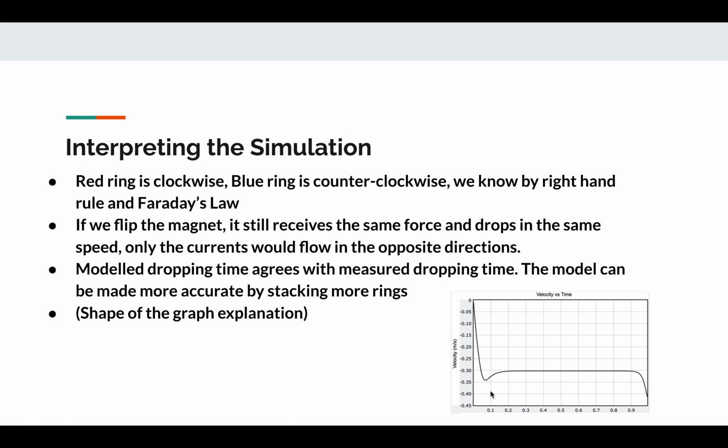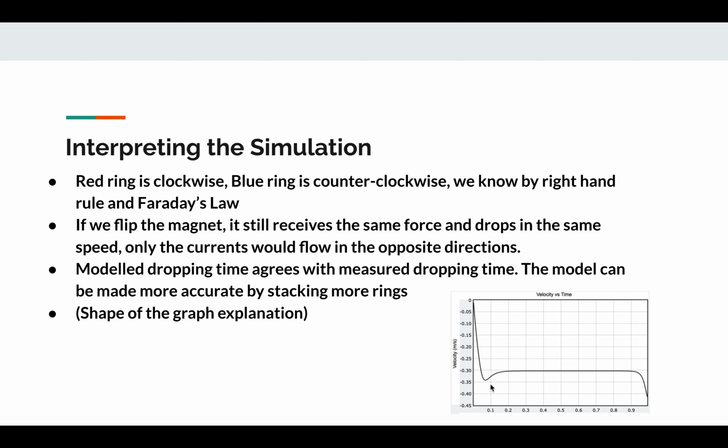Some explanations for my graph. There are basically two forces acting on the bar magnet, the gravitational force and the magnetic force. At first there is no velocity, therefore there is no magnetic force. As the speed increases due to the gravitational force, there is more and more magnetic force.